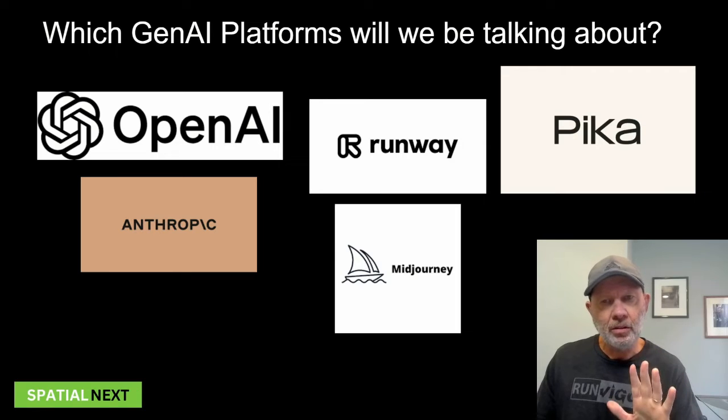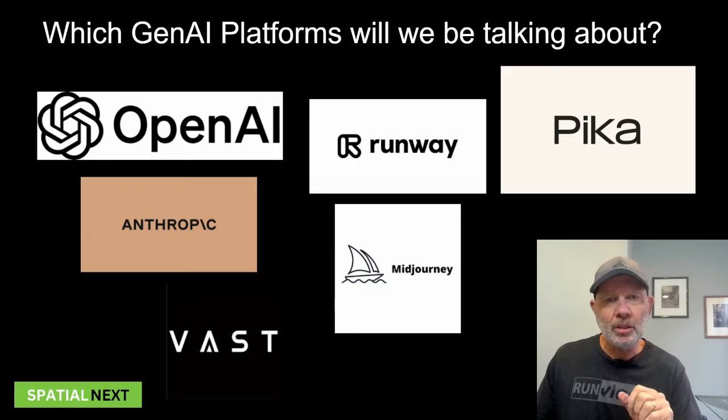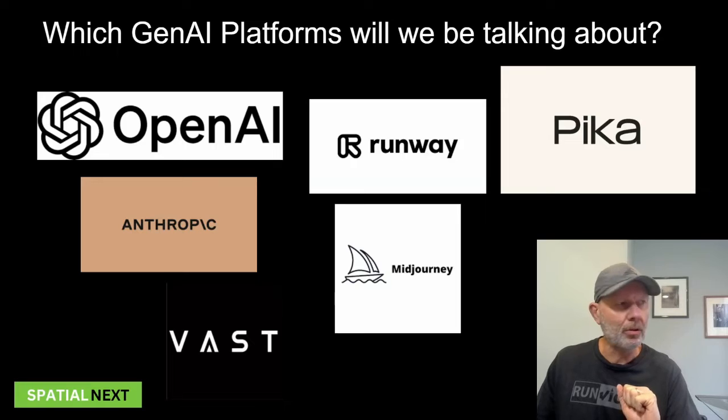Video's new, video's evolving very, very quickly, and there's 2 primary organizations in that space. That's Runway and Pika. And then the last one we'll talk about is still somewhat nascent. It's an organization called Vast, and this is actually creating 3-dimensional models from text. So there's really 6 we're going to jump through.